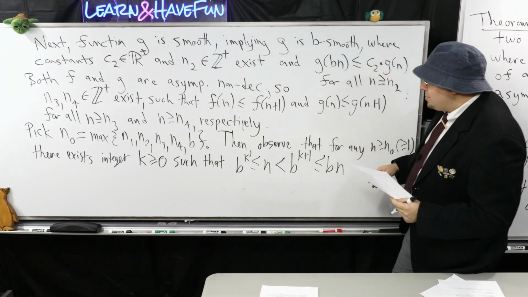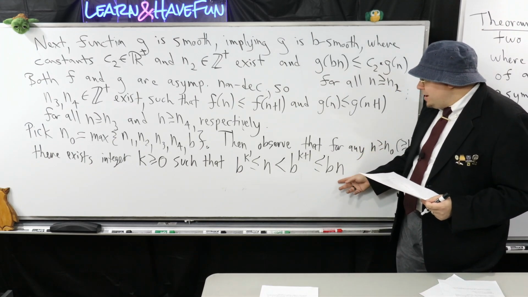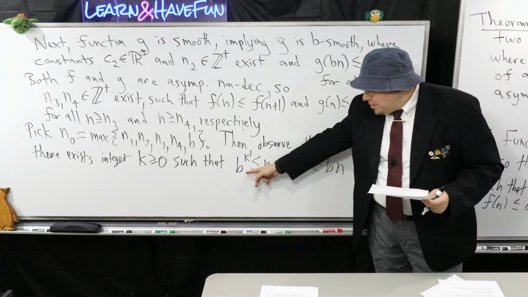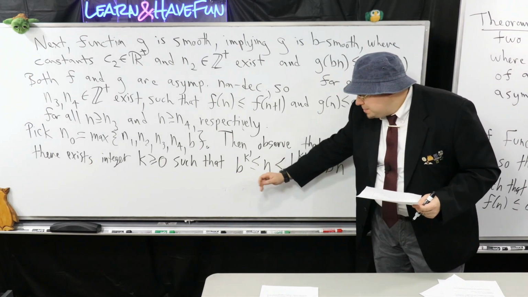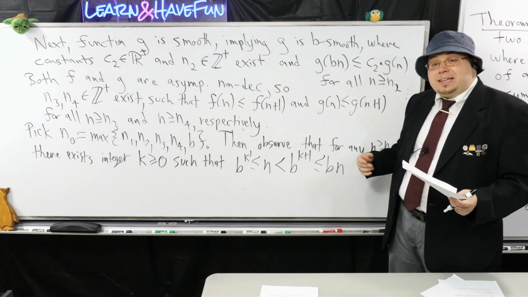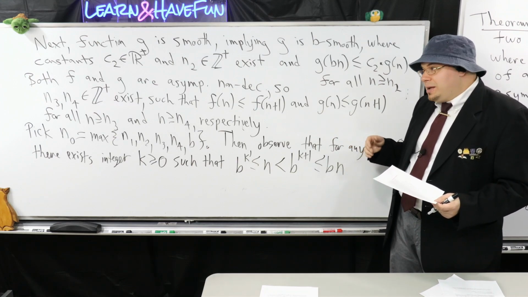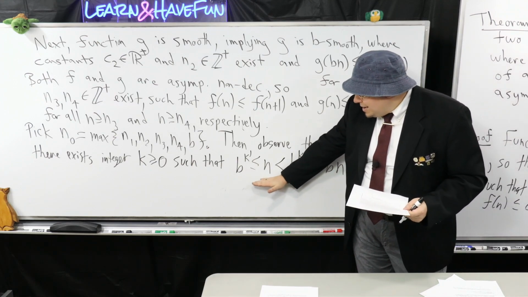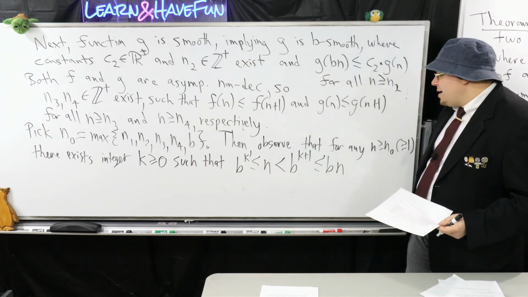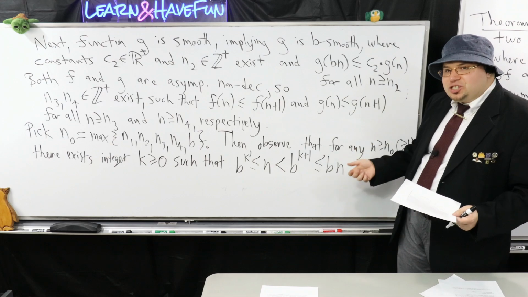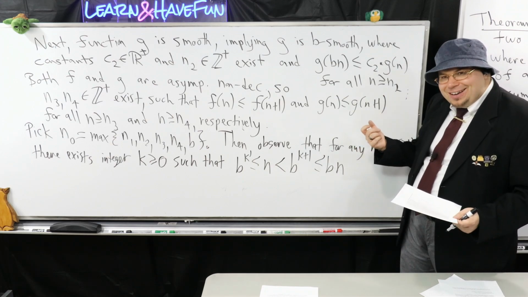Why? Well, just think about it. If I have a power of b here, suppose that this was indeed a power of b, then it would be equal. But now, suppose that it actually isn't. It's somewhere in between the two. If n was a power of b, say b to the k, then b times n would just be b to the k plus 1, right?